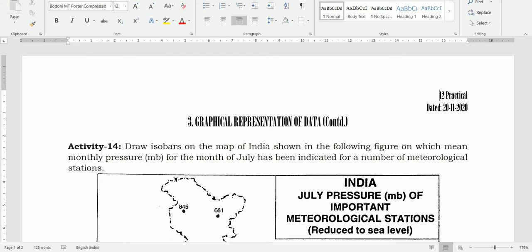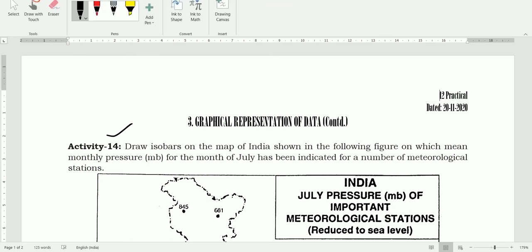So this is activity 14, and we have the question here: draw isobars on the map of India shown in the following figure, on which mean monthly pressure in millibars for the month of July has been indicated for a number of meteorological stations.